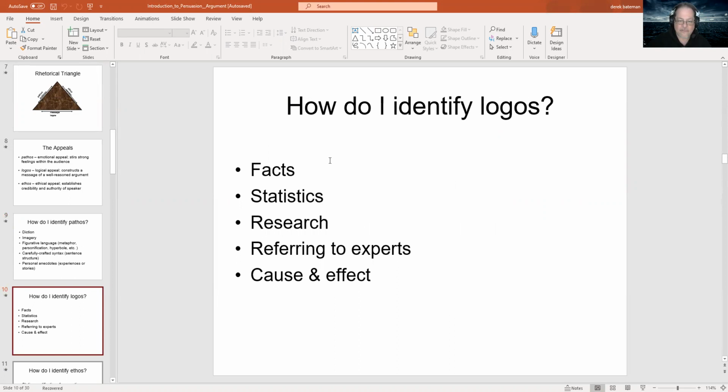Logos: facts, statistics, research, referring to experts, cause and effect. Logic, rational logic. You use facts. You use specific examples from the text that relate to the argument, which is done in a manner so that it makes sense.